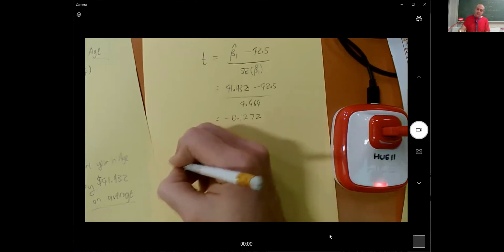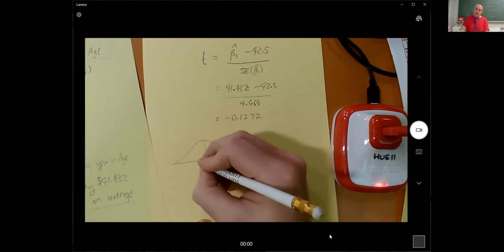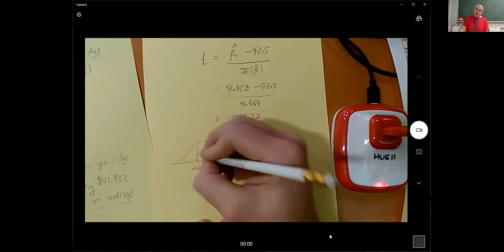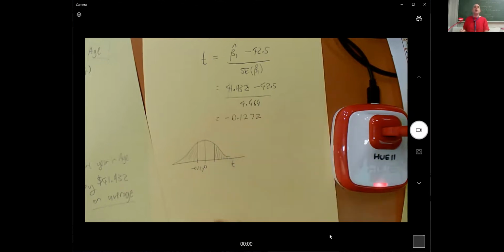So here is my diagram of all the values that t could have been, with 0 in the middle. Here's mine, minus 0.127. And there's the probability below, and there's the matching probability above on the other side.